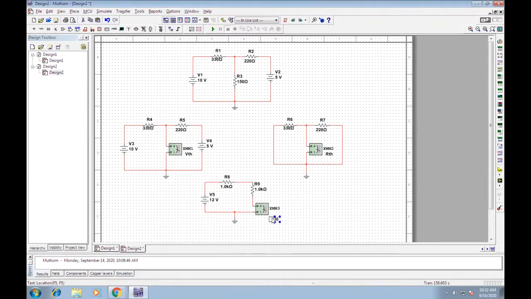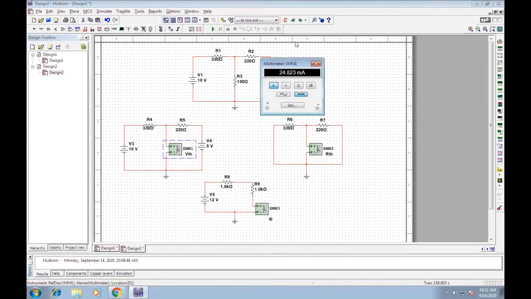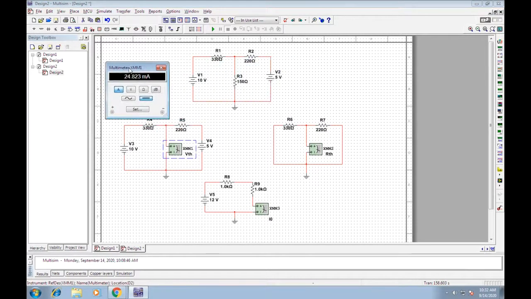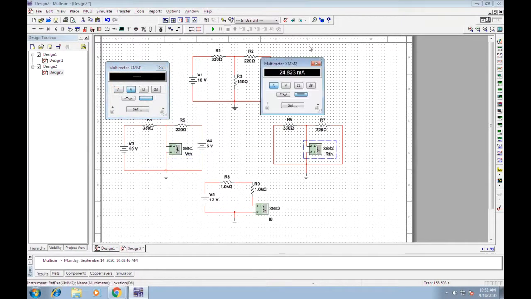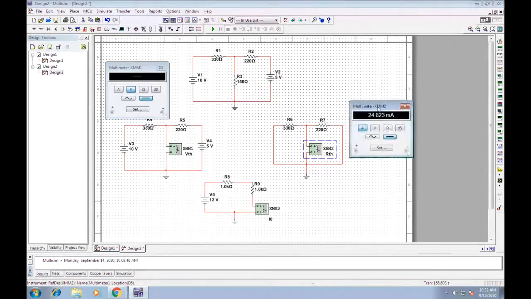So before we start, suppose this is used to measure the voltage, it is VThevenin. This is to measure the resistance, so ohms. If you run the experiment, what voltage are you getting? 7.